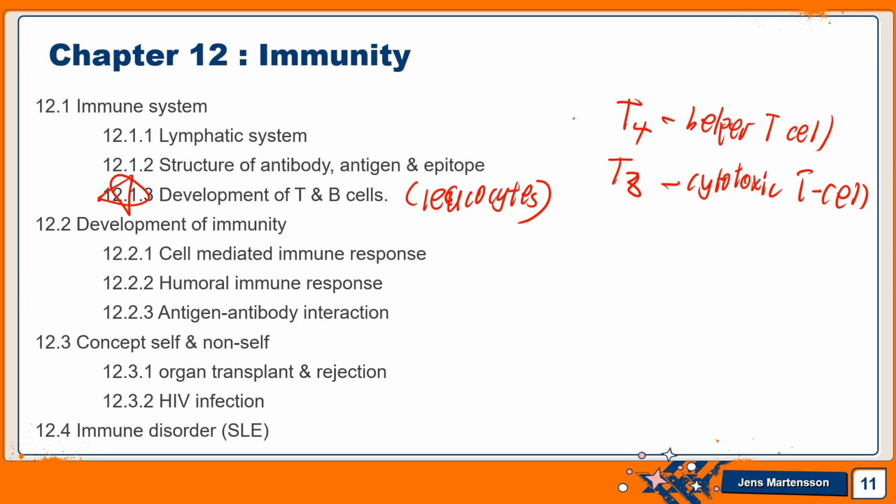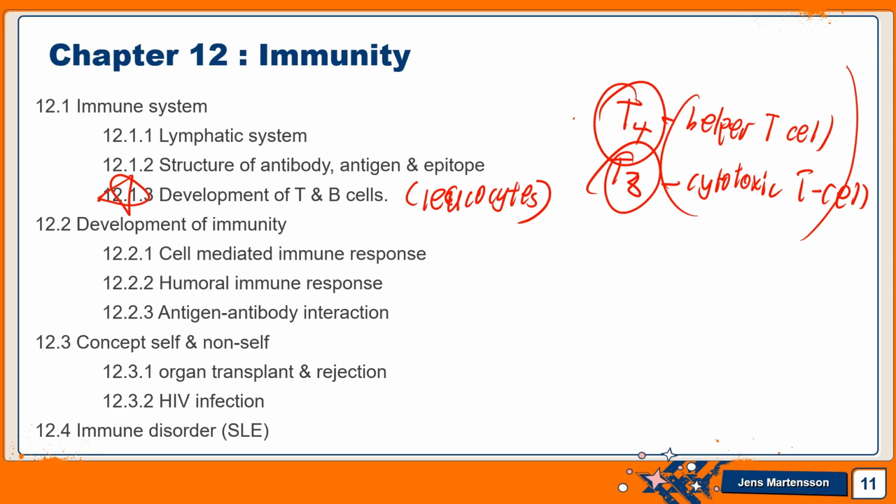But if the question asks you to name the T cell, you have to name helper T cell and cytotoxic T cell, rather than T4 and T8. T4 and T8 are just the short forms only. So these are two types of T cell, and B cell is just one type. T4, T8 and B cell are the most important leukocytes, white blood cells, that play the major role in immune response. You have to know that.